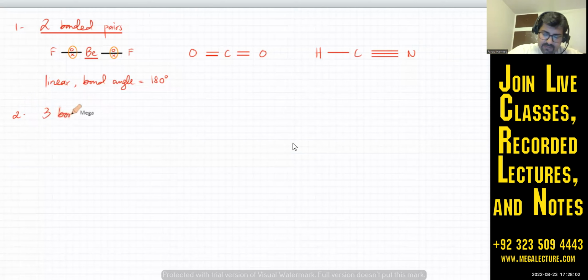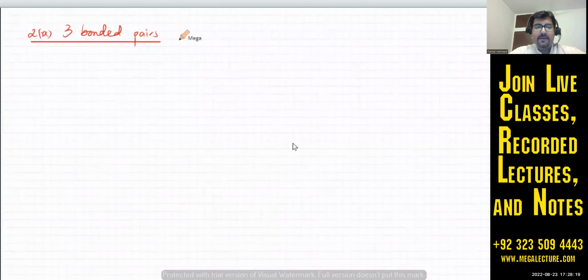So you've got a molecule, और ये second का ना A part कर लेते हैं, ठीक है? अच्छा, so you've got three bonded pairs. So what will happen in this case? That's going to be fan shaped. An example of three bonded pairs is AlCl3.